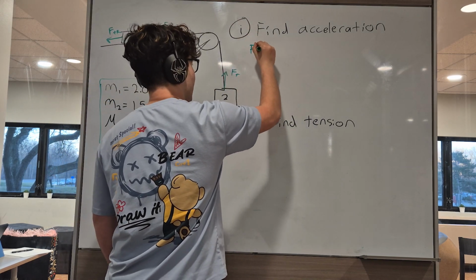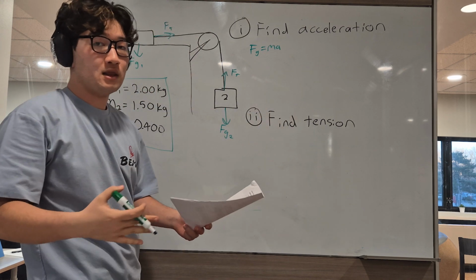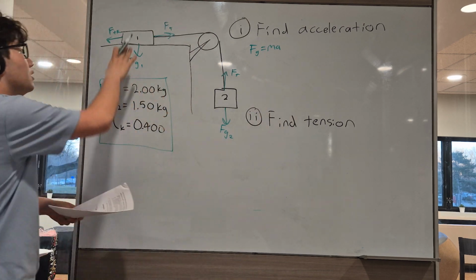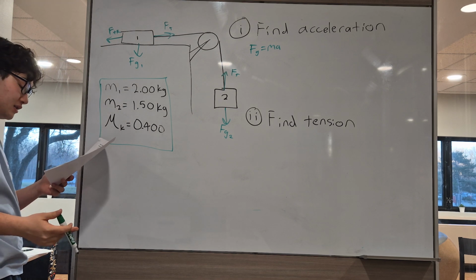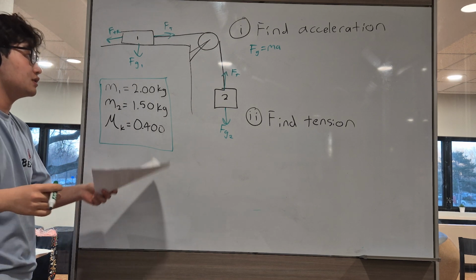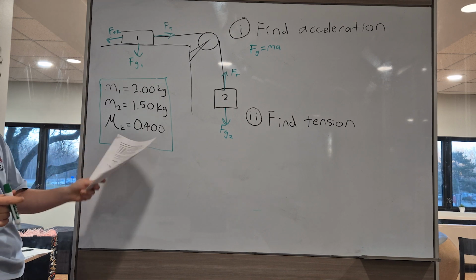Based on what we learned earlier, saying that Fg is equal to ma, we can do that same exact thing, except our block 1 now has a force of friction acting on it. So instead of just writing the force of gravity of 1, we need to add our coefficient to it.